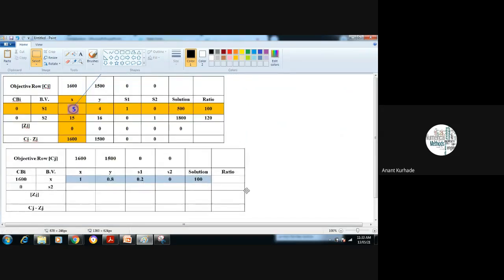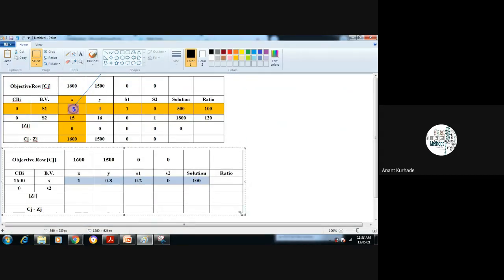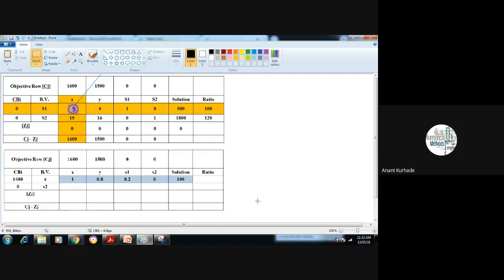We're writing values for this table. Now, all of you getting this? How are we getting 1.8, 0.2, 1 and 100? Just reply to me fast. Yes, sir.